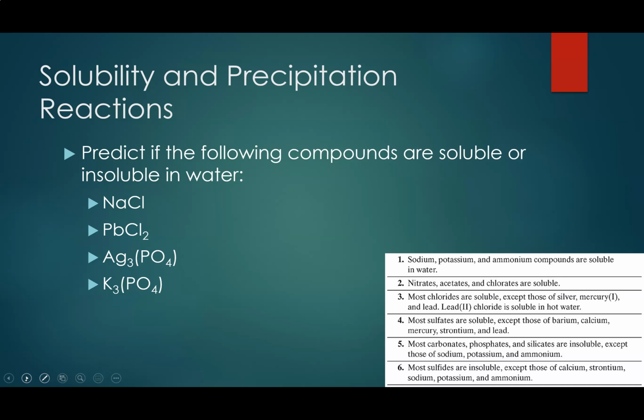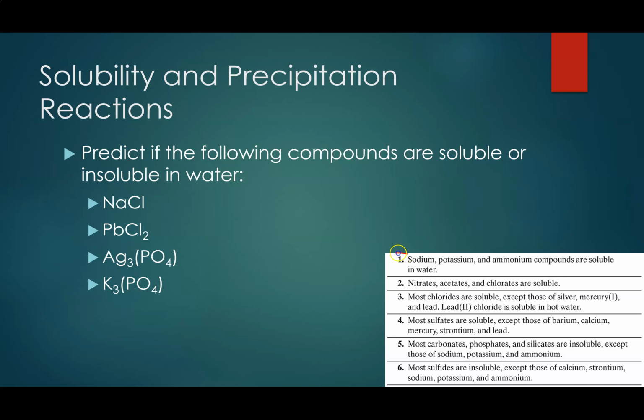So now what we're going to do is learn how to use the chart that we were given, and I've copied it over here, to determine if something is soluble or insoluble in water. Our first one is going to be NaCl. Now, I know that this is soluble in water. You know this is soluble in water. Our goal is not to just label it soluble or insoluble. It's also to give a reason why.